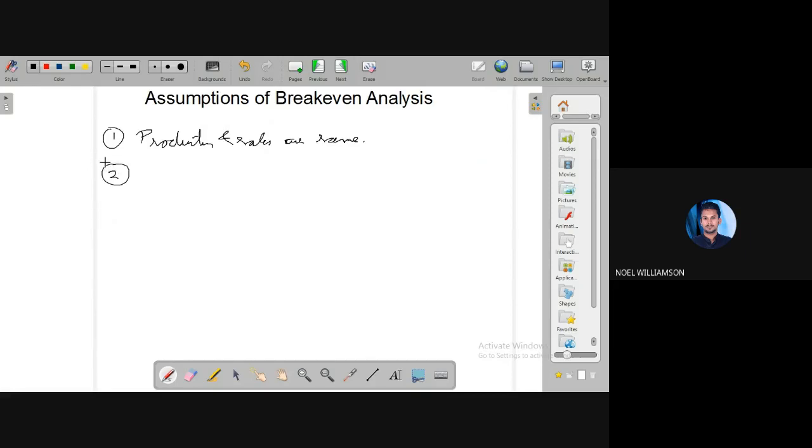Next is the fixed cost remains the same with respect to the production volume. That is, a fixed cost is fixed. We have seen there are two types of cost, and regarding the fixed cost, we are assuming that it is always same, but it may change. It will be changing depending on the number of products.